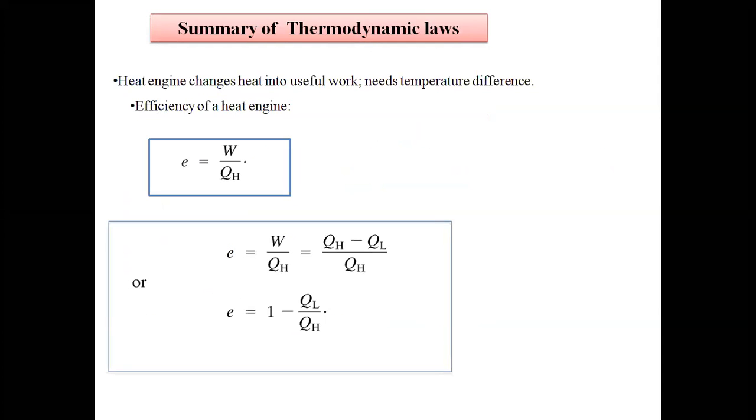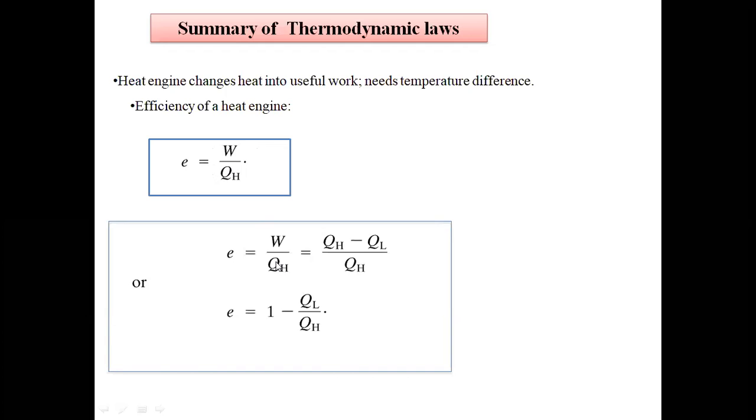Also, we talk about the heat engine. A heat engine changes heat into useful work. It needs a temperature difference, so we must have different temperatures. Efficiency of heat engine: the efficiency equals the work divided by the heat at high temperature or hot, QH.